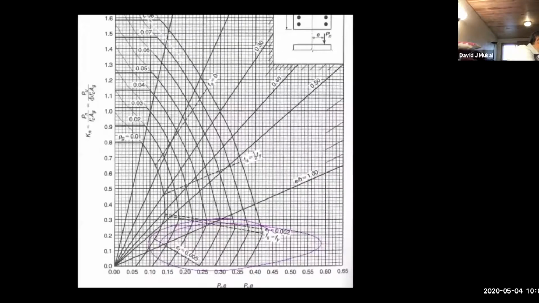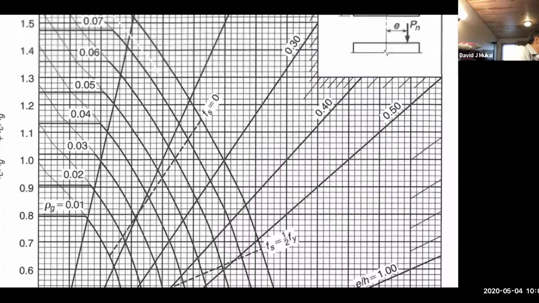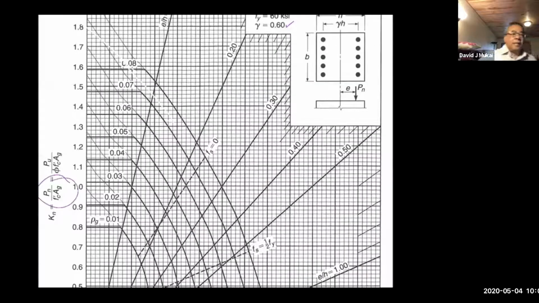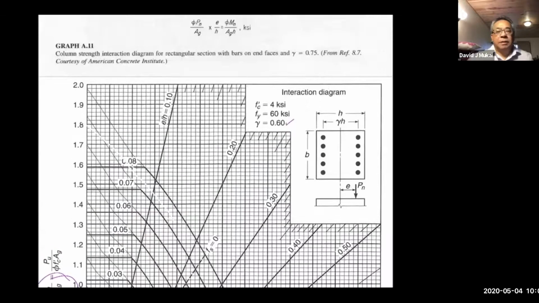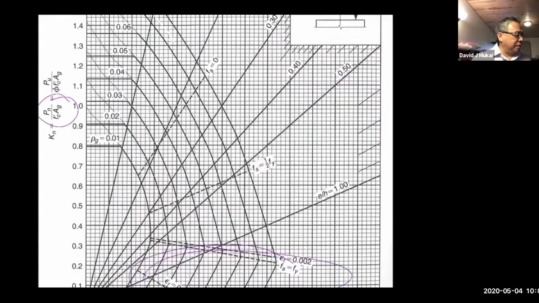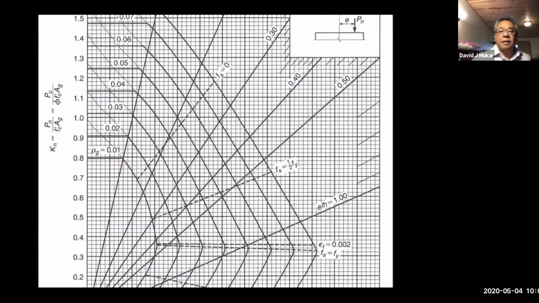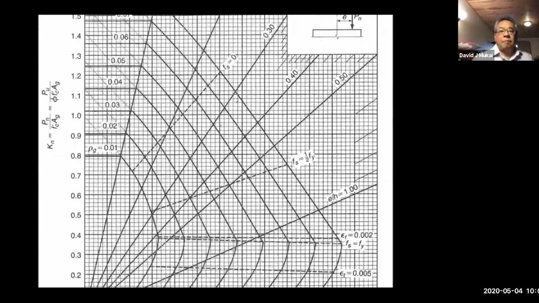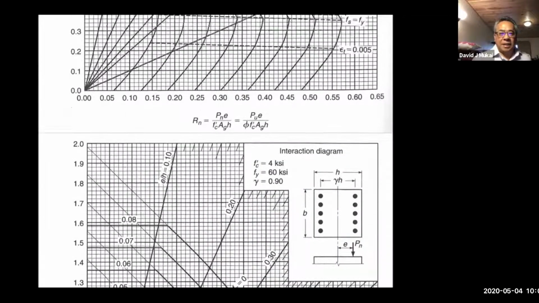Okay, and the other key thing is that when you look there, it's Pn over f'c Ag. So there's an extra f'c in the denominator, but still these graphs are only for 4 ksi and 60 ksi combination. And so these 4 have gamma's 0.6, 0.7, 0.8, and 0.9.